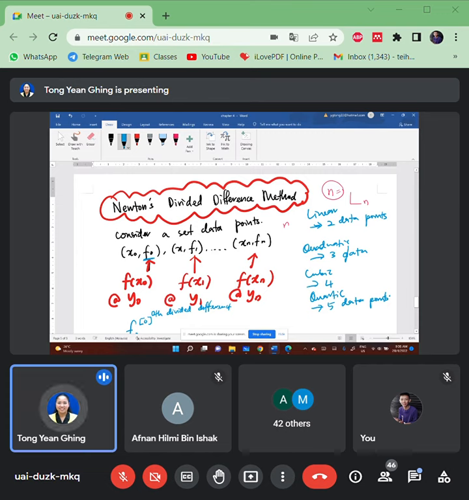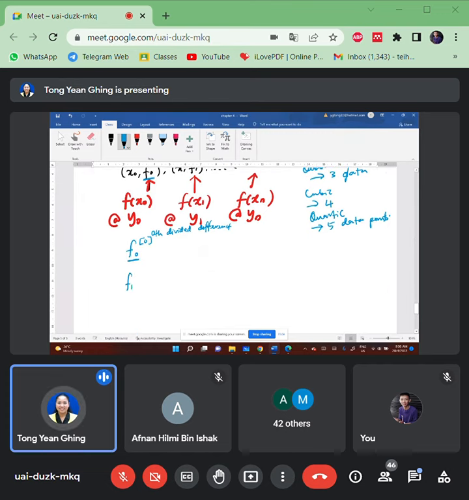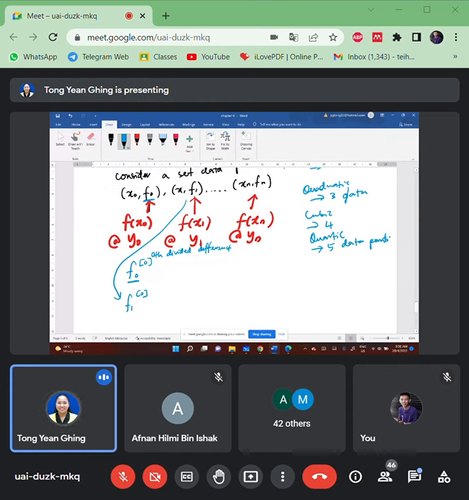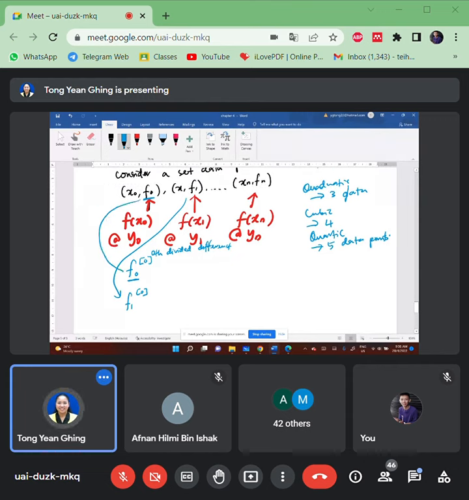If it is f1 at 0, this value at 0. So our n is based on this.